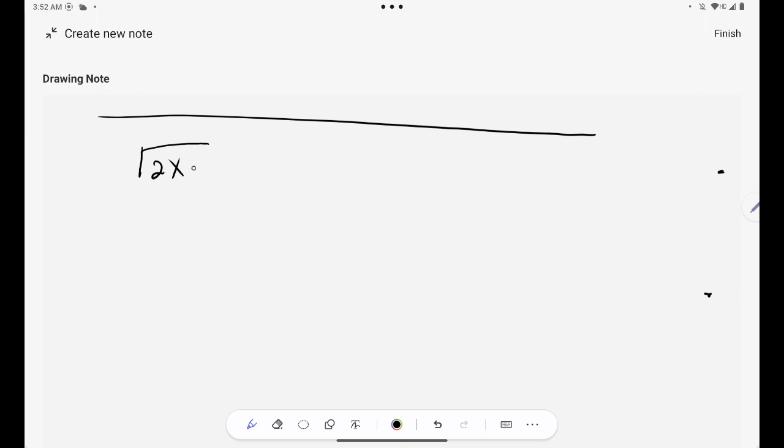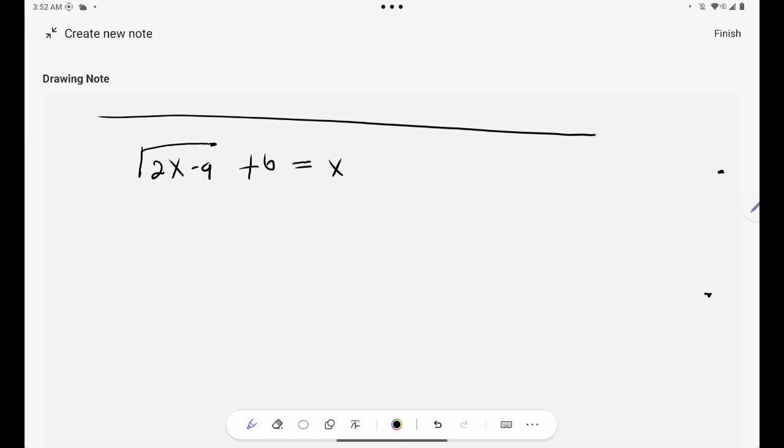I have square root of 2x minus 9 plus 6 is equal to x, right? Now here the problem is that I have surds in my equation. I'm supposed to solve x and I have surds in my equation.